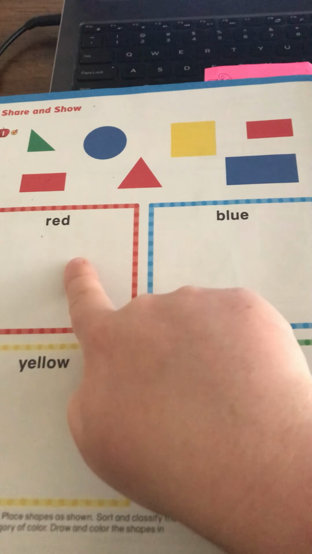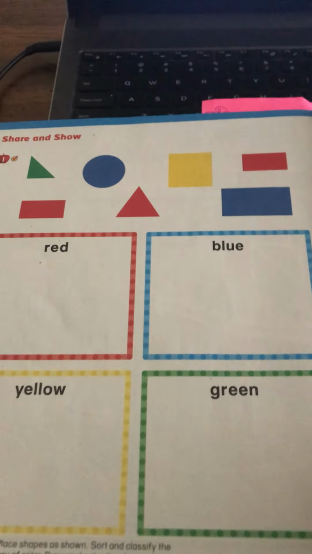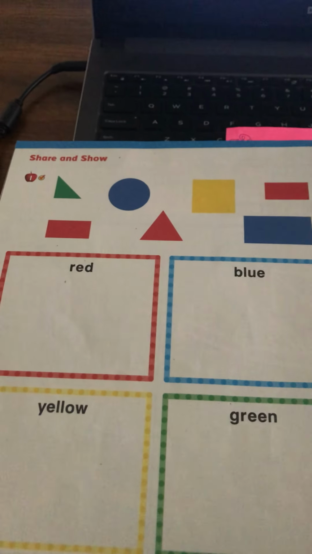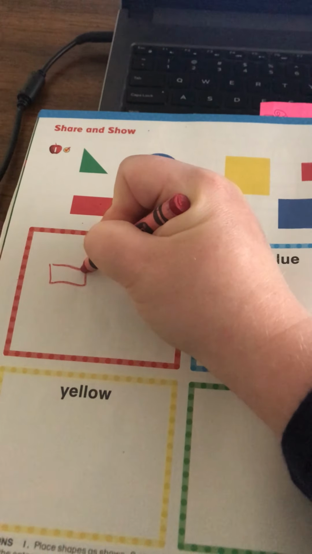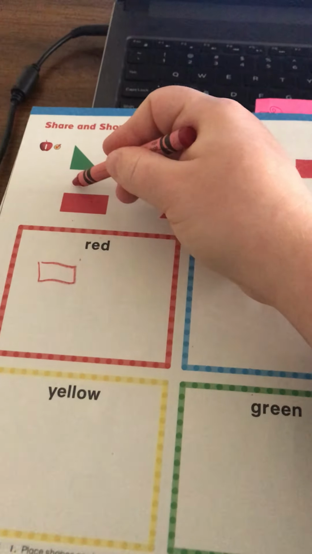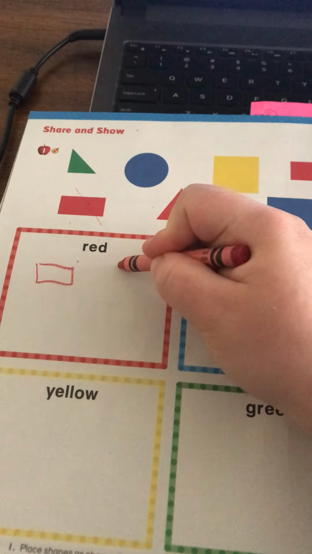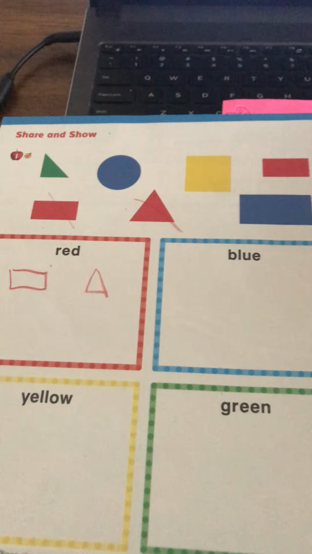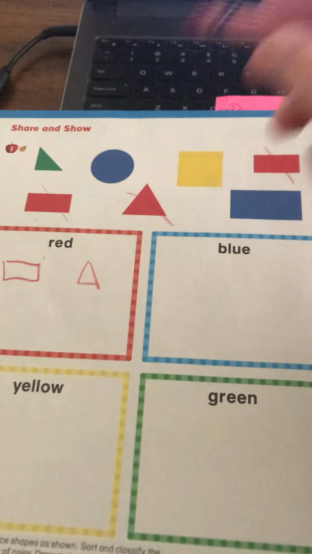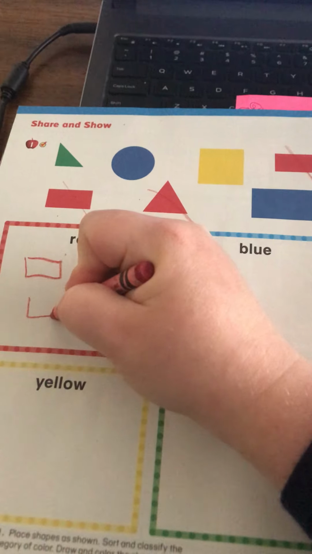So take a look at your shapes up here. Our first box is red. What shapes up here are red? Use your red crayon and draw them in the box. So we see a red rectangle. We see a red triangle. And another red rectangle.